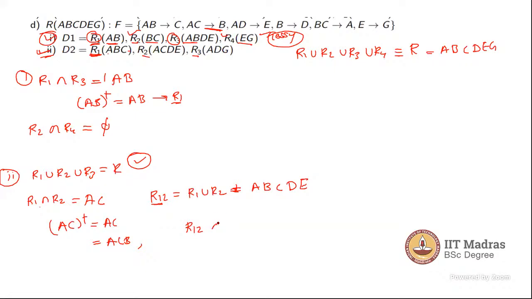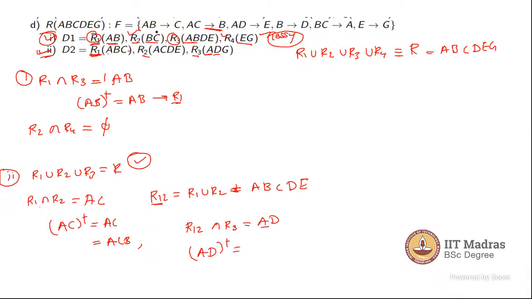So R12 intersection R3. The common attribute between R12 and R3 is A, D, that is AD. Now we have to check whether from AD we can determine R12 or R3. Let us take the closure of AD here.